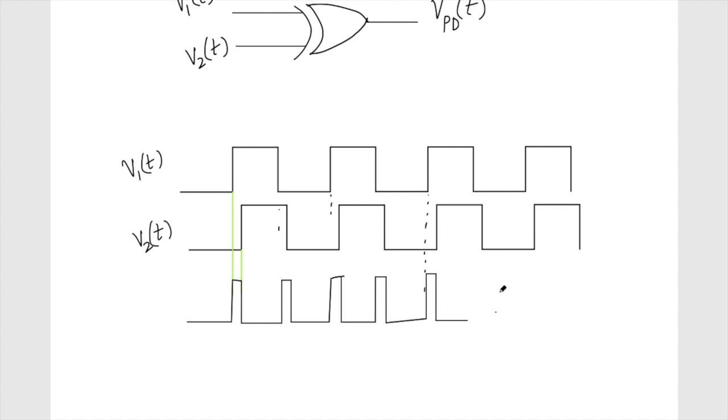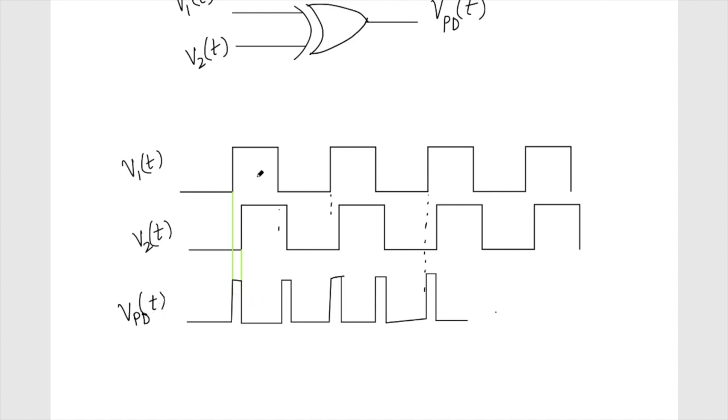So this is what will be the output of the PD, and we can see that if I increase the phase difference, it will increase. This is the V_PD, and it becomes maximum.